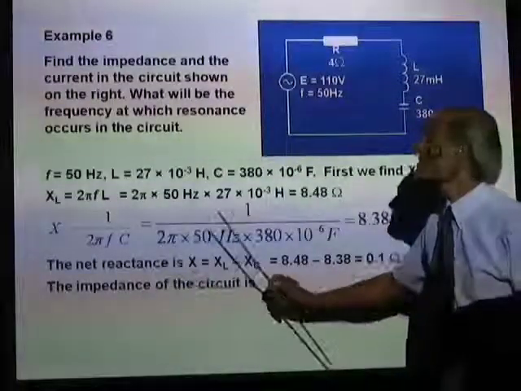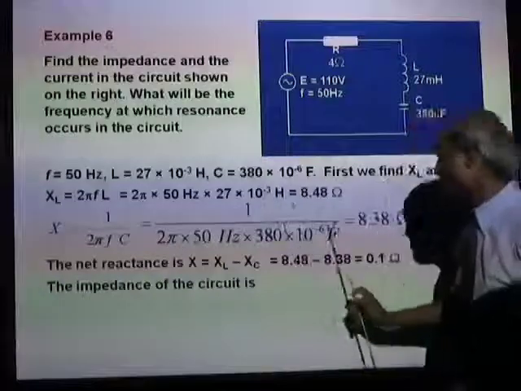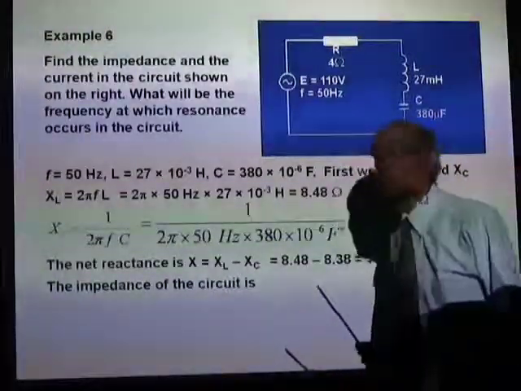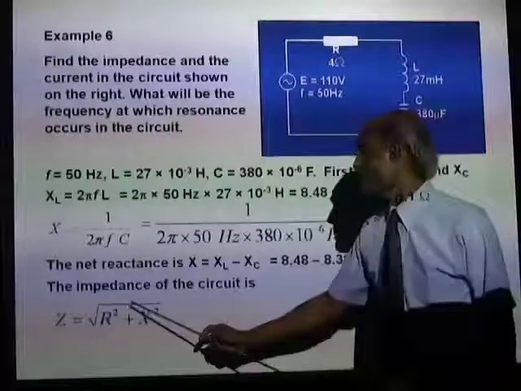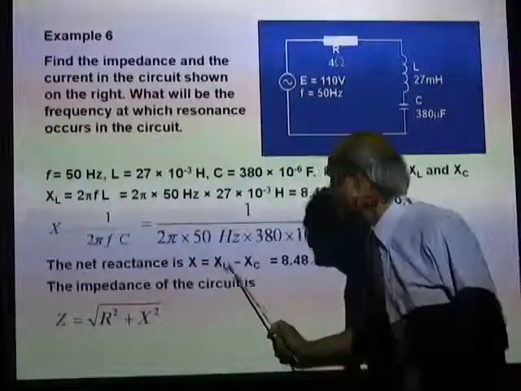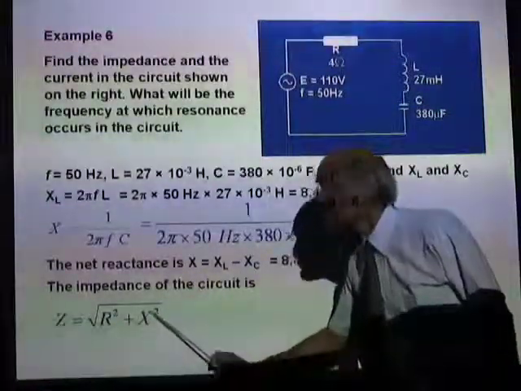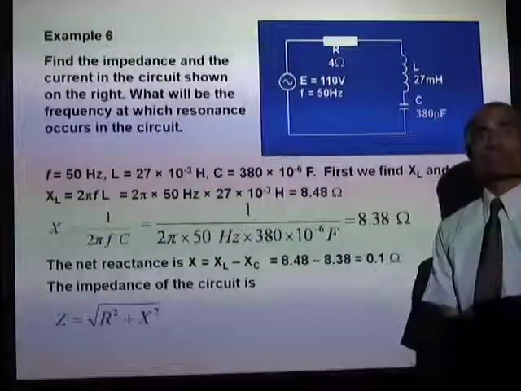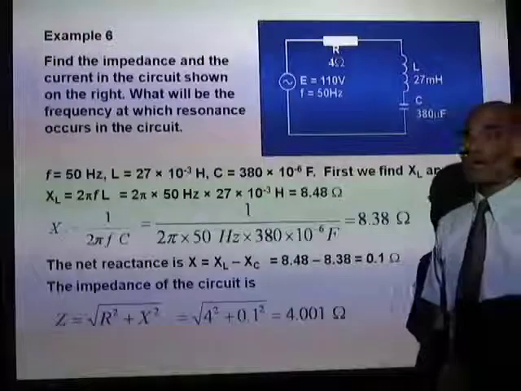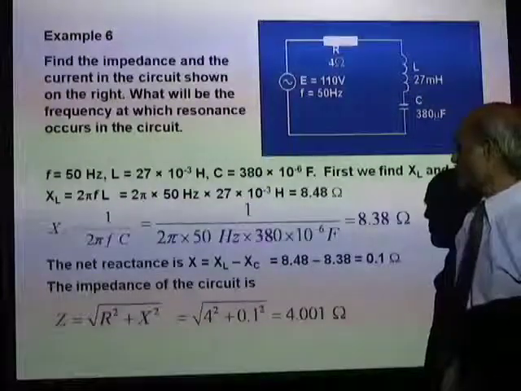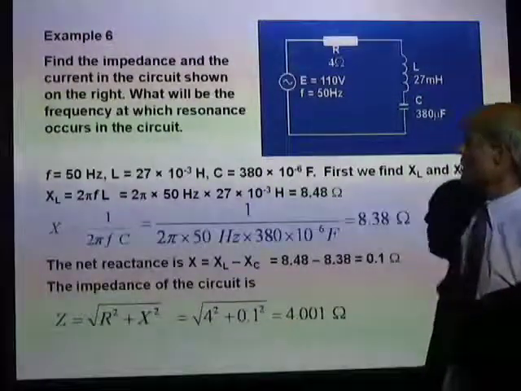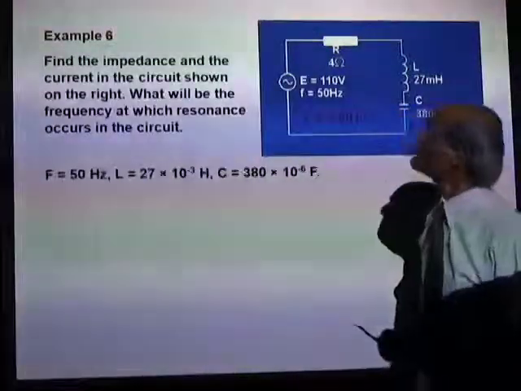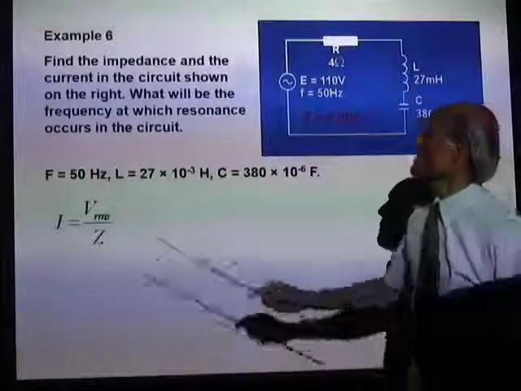The impedance is square root of R squared plus XL minus XC squared. So I'm going to use that XL minus XC, the net reactance. So Z equal to square root of R squared plus X squared, and that's equal to 4.001 ohm.